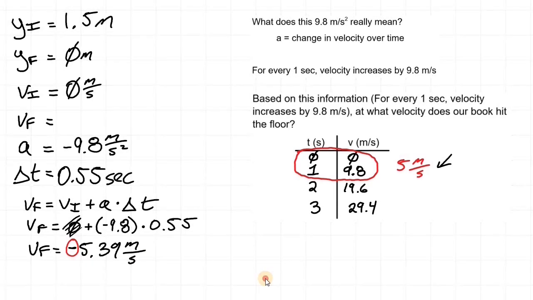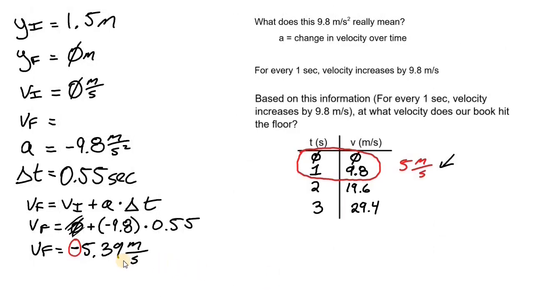Try not to fall for things like that. If you say the final velocity is 5.39 meters per second in the downwards direction, maybe your professor or teacher will accept that kind of answer, but really just make sure that you include the negative sign.